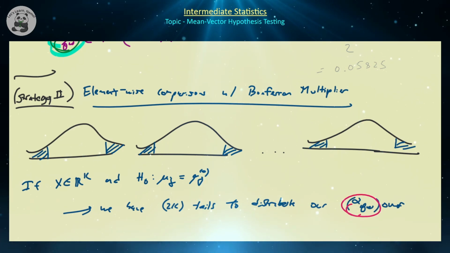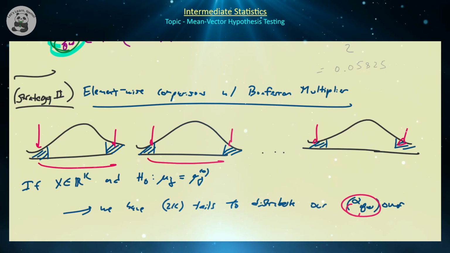So we're going to take this family-wide alpha and we're going to split it here, here, here, here, here, and here in any of the tails. So we have two tails here, two tails here, two tails here, therefore we have 2k tails across all of them.